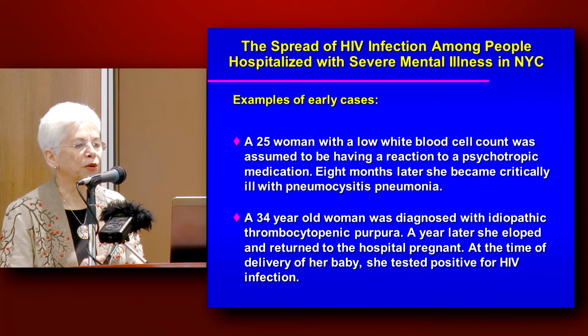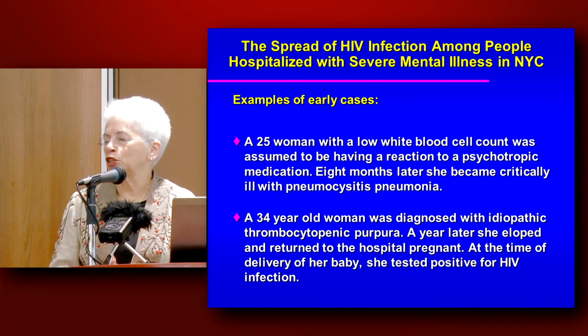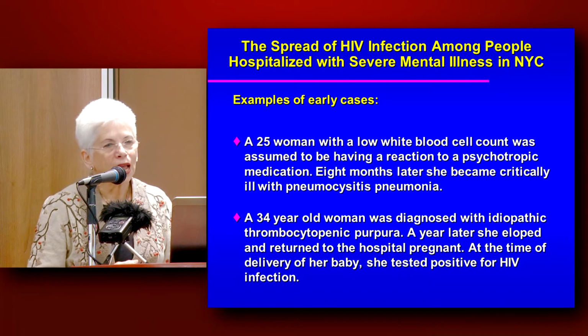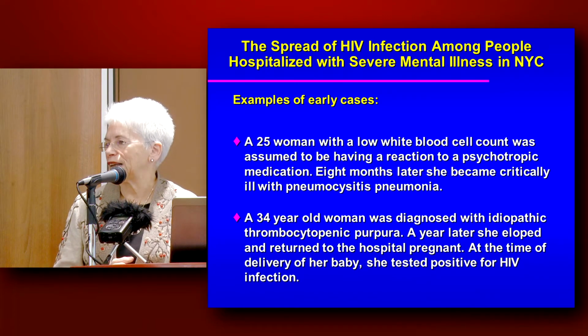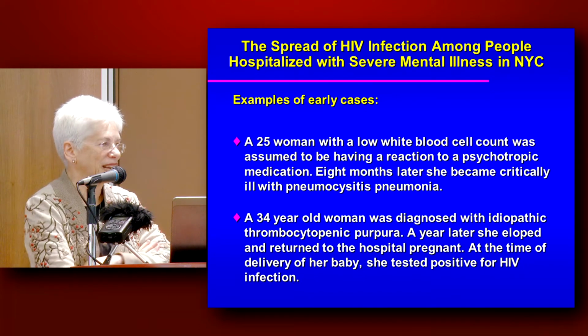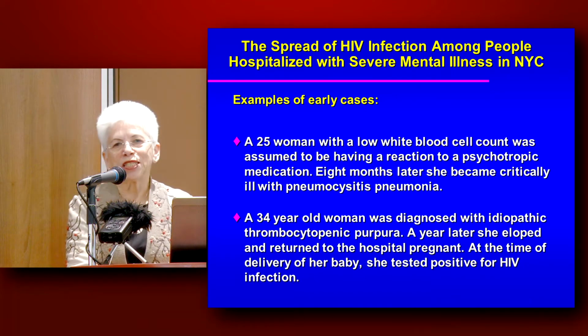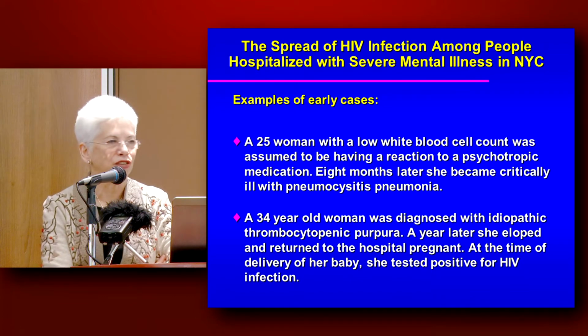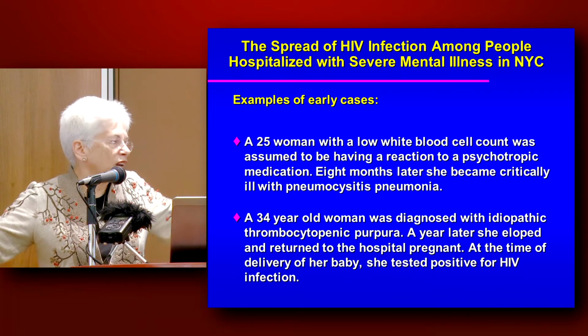So the first was a 25-year-old woman. She developed a low white blood cell count. This was the 1983 case. And in typical fashion in psychiatric hospitals, where we barely provide adequate medical care, to be honest, it was decided that her low white blood cell count was a reaction to psychotropic medication, and nothing else was done to work her up.